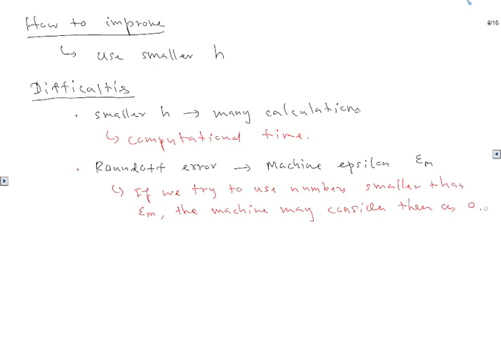So that's the problem. Once it considers them as 0, everything is wrong after that. That's what we call round off error. You can round to something and then it's going to create issues. So you have to be careful with that also.